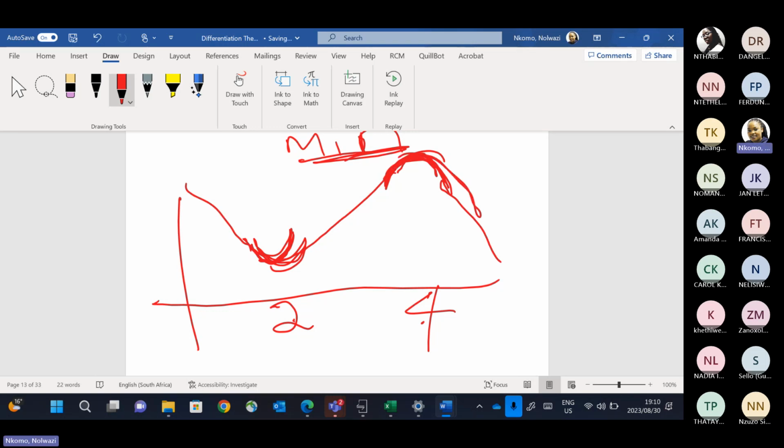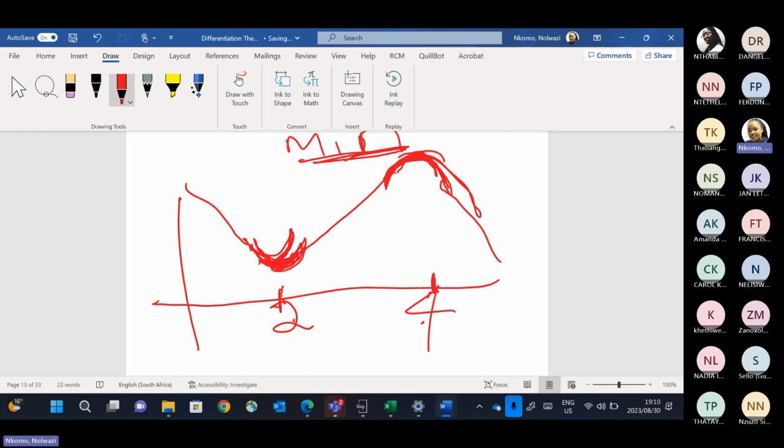So from here, you can say your graph is increasing from 2 to 4, but do not include 2, because you know that here your slope is 0. Here your slope is 0. So you can't really tell whether the graph is increasing or decreasing because it's changing.